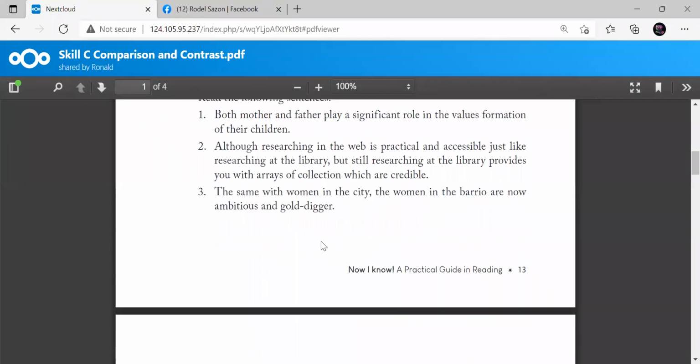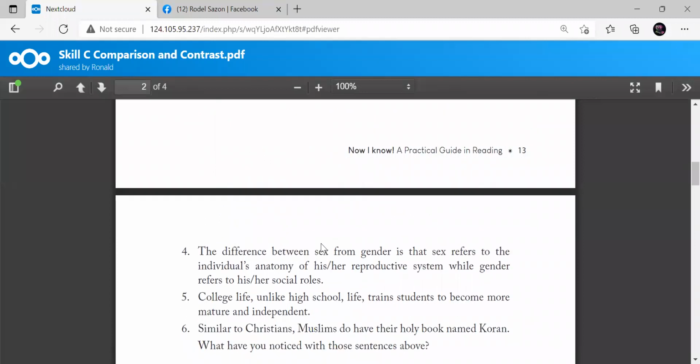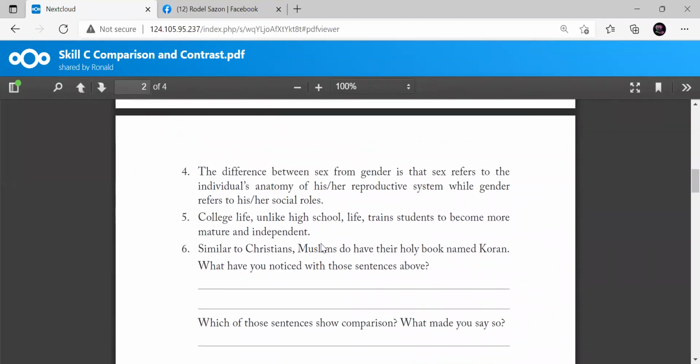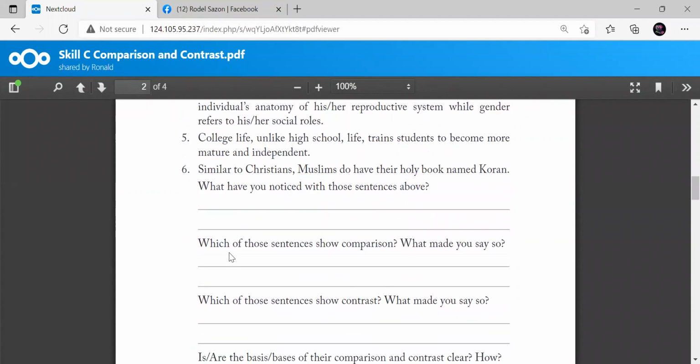The same with women, so that's something they have in common. How about number 4? Contrast, because of the word difference. Number 5? Contrast because of the word unlike. Number 6? Comparison. So these are the keywords that you have to take note of: similar, unlike, but.